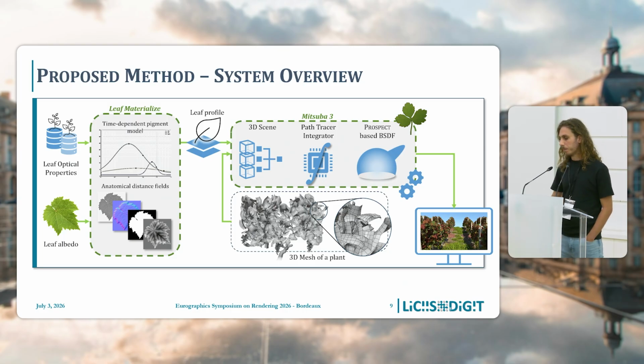here Mitsuba 3. Our pipeline is simple. We have different data to begin with. We have leaf optical properties, just measured data about the leaf we want to render. And we have the leaf albedo. We propose a first application, leaf materialize, to extract different information from this data and create a leaf profile.